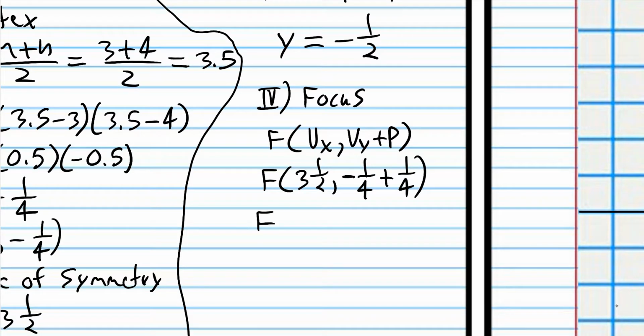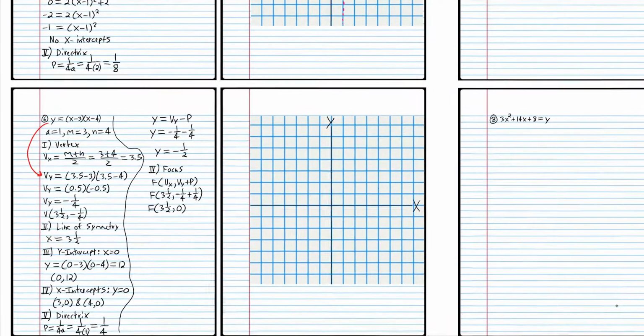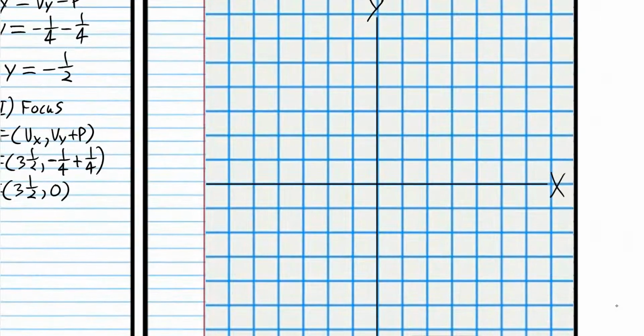So the coordinates of the focus are 3 1/2 and 0. So now we're ready to plot points. The vertex is 3 1/2 and negative 1/4. That's going to be about there.